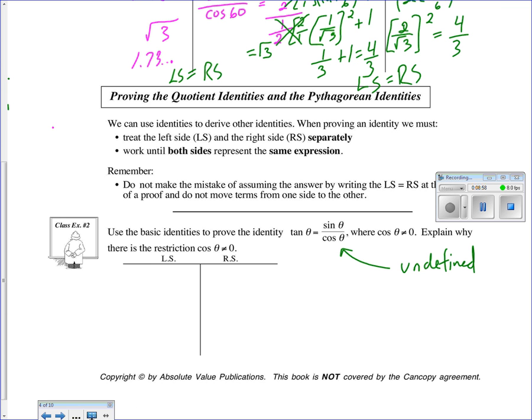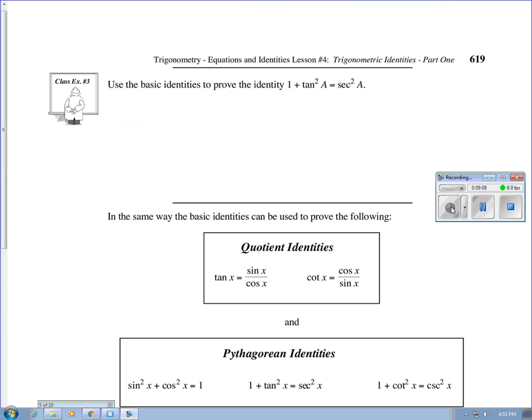So from time to time, keep restrictions in mind for identities, but it's things like denominators and right-angled triangles. We actually proved the 1 plus tan squared identity already using Pythagoras, and you'll have opportunities to do more later.